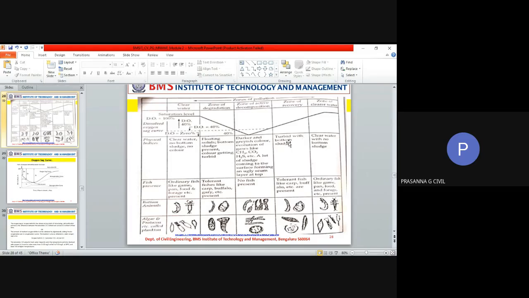As you pass slowly from the active decomposition to the next stage of recovery, you will see that most of the top layers of water start becoming clearer and clearer, and you will have turbid particles at the bottom as sludge. And from there, the bottom sludge also starts getting decomposed, eaten away.